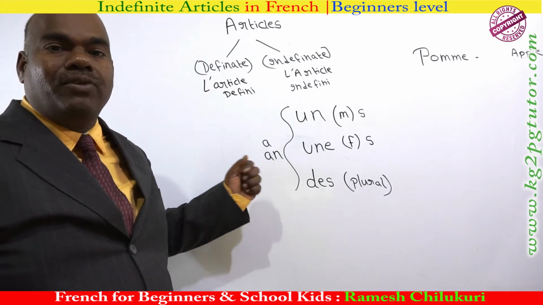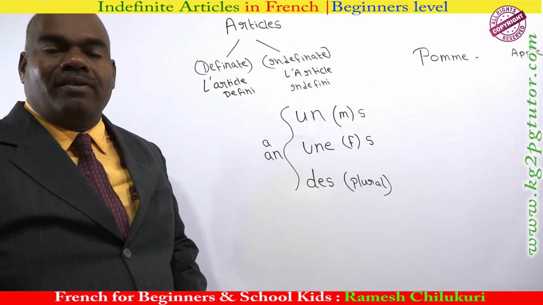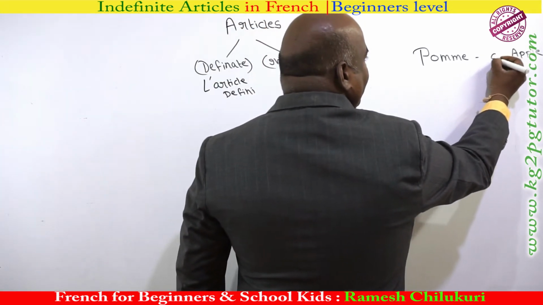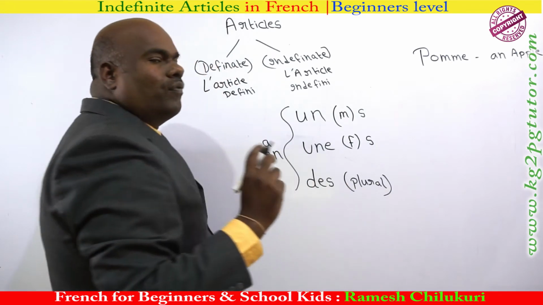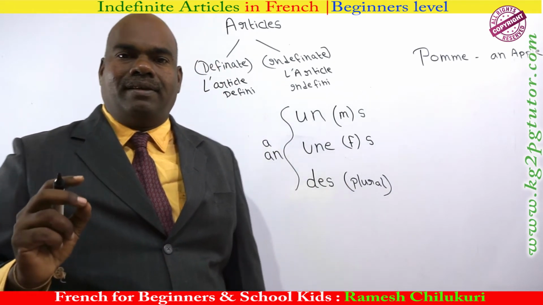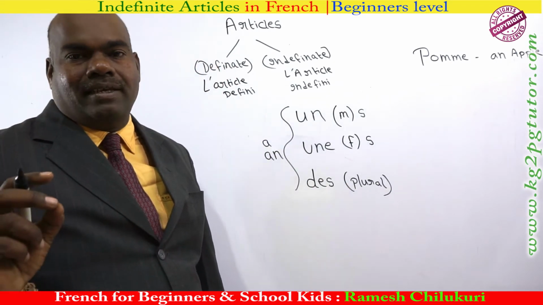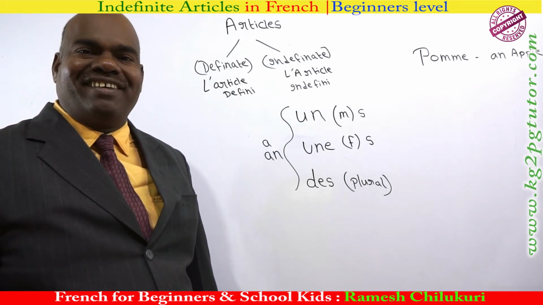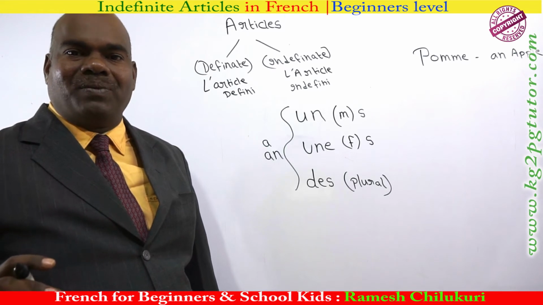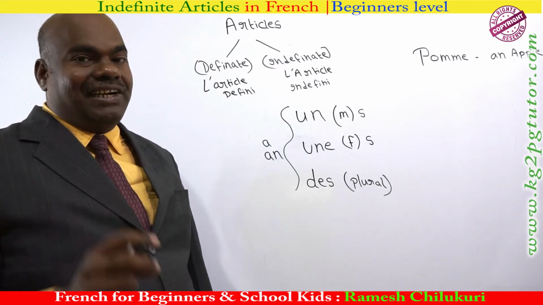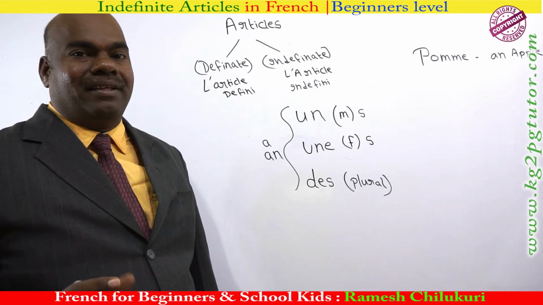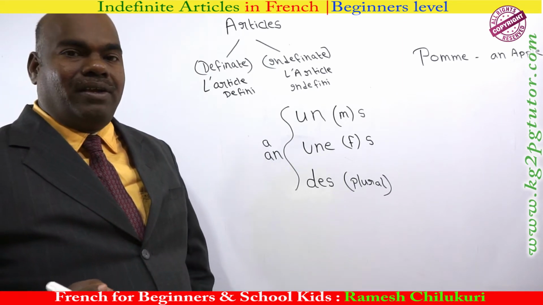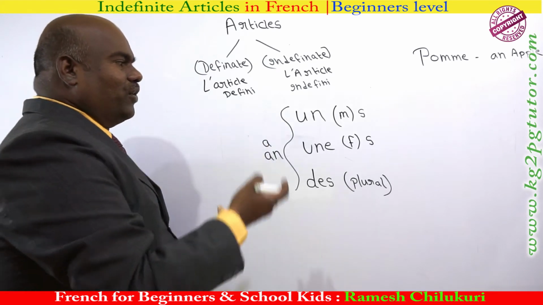We don't use a, we use an. We say an apple. First thing you have to see is whether apple is masculine or feminine. In French, apple is feminine. So the gender is feminine. The word is in feminine form. So definitely, I hope you know which one we are going to use here.